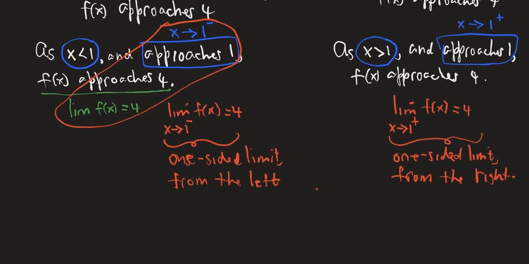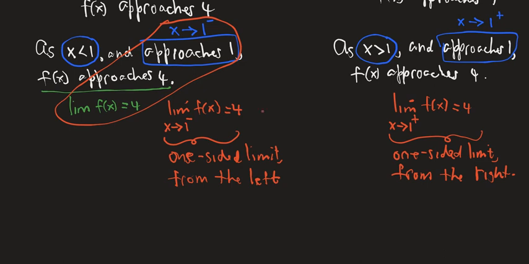Now, when these two numbers are the same, so when the one-sided limit from the left is exactly the same as the one-sided limit from the right, we define the two-sided limit to be equal to that number.